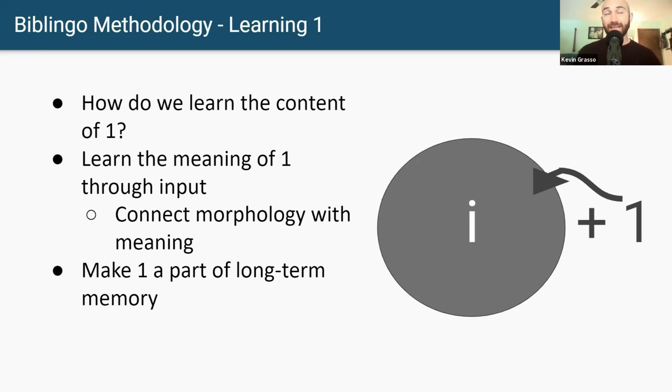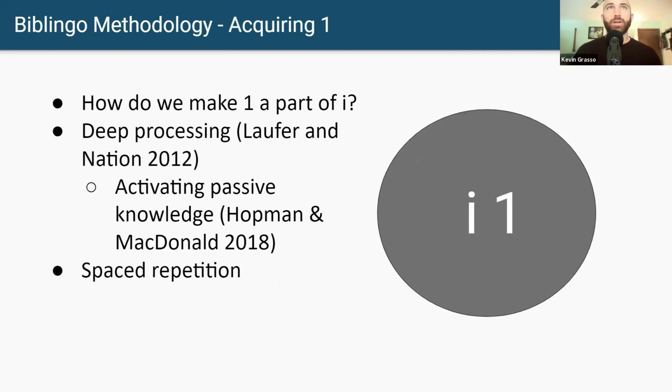The next step is making this new information part of your knowledge base, I. How do we make 1 a part of I? There are 2 key components to this, specifically in how we make that new material part of our long-term memory.